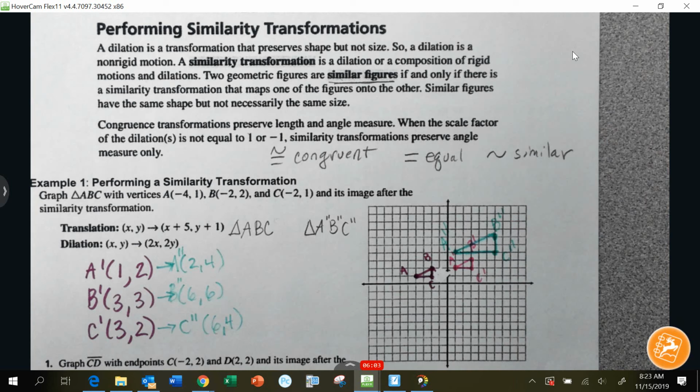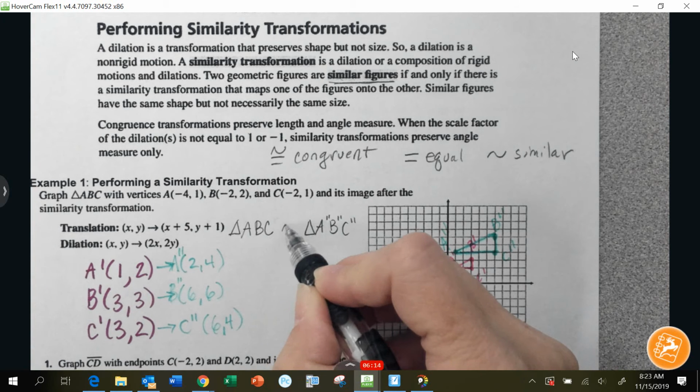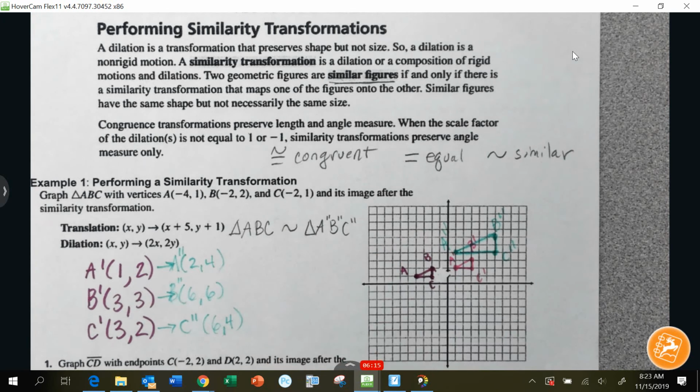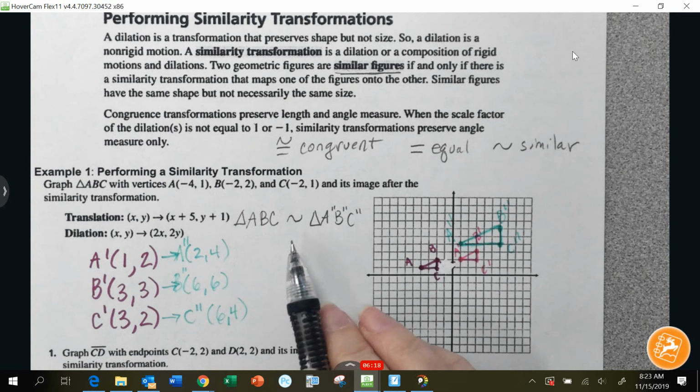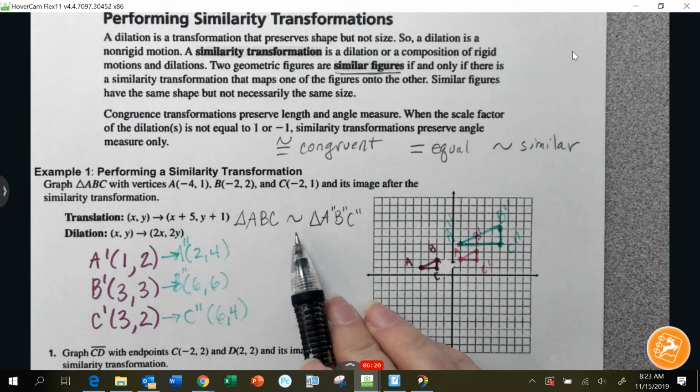You see how my congruent came from similar and equal? So just that squiggle part is the similar. So I would say that triangle ABC is similar to triangle A prime, B prime, C prime. Fancy. It's like a sideways, backwards, reflected S.